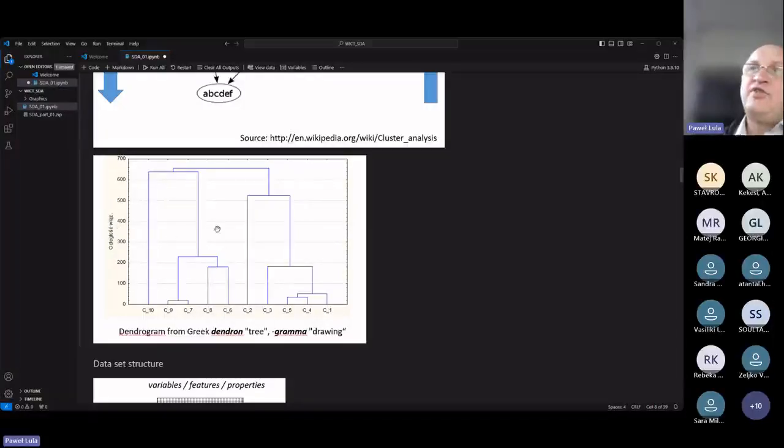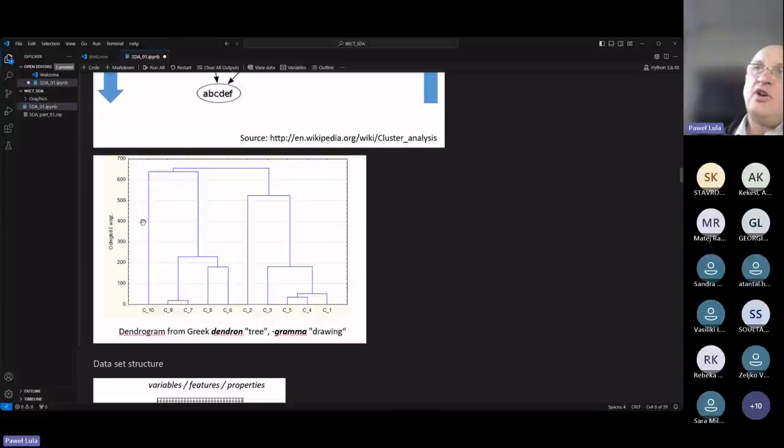So we should cut this dendrogram using a horizontal line between this and this level, because the difference between them is the biggest. So we should cut it, for example, on this level, equal to 400.